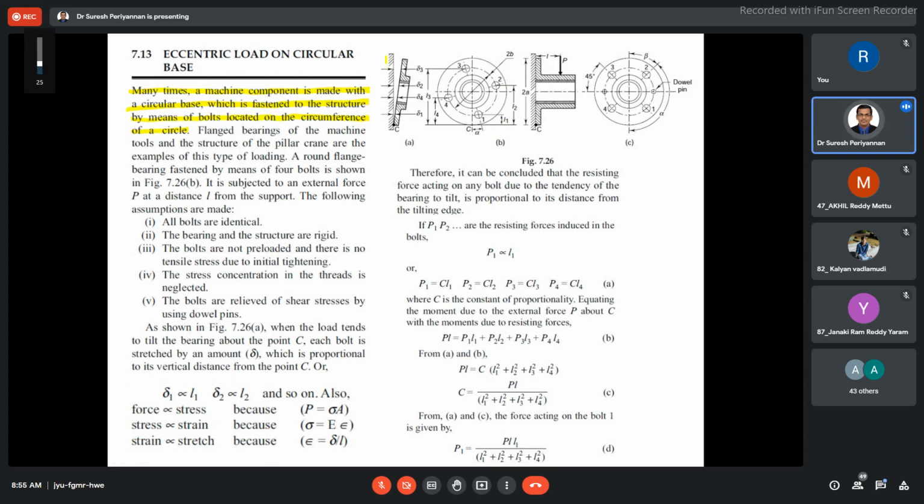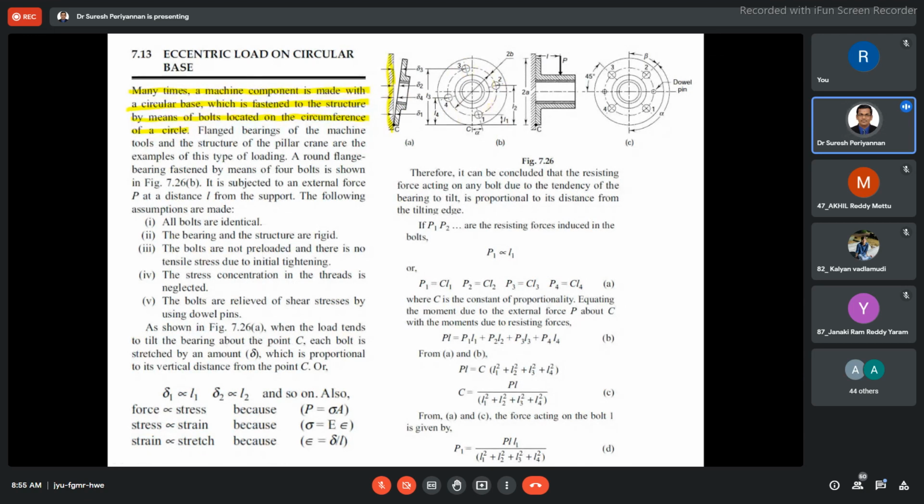This is the frame, and in this frame the circular flange is fixed with the help of bolts and nuts. The bolts and nuts are located along the pitch circle, along the circumference of the circle: 4 bolts, 6 bolts or 8 bolts, based on how much load is acting.